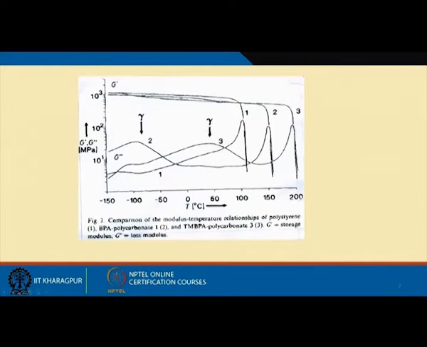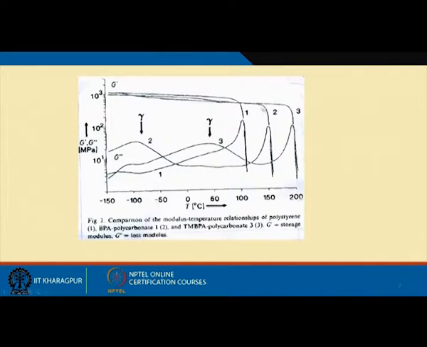So, the G prime is somewhere here, this goes like this and then this drops around this point, and this G double prime is here, which is designated by 1 and it goes like this. So, this is the set of curves that results from polystyrene. Now, bisphenol A polycarbonate, which is of importance to us, which is 2. So, the G prime follows almost the same path, but it actually falls down at a higher temperature.